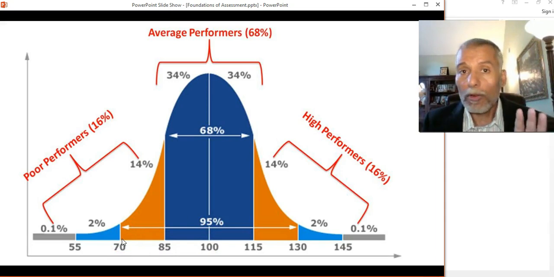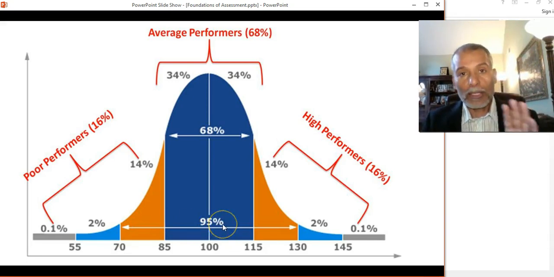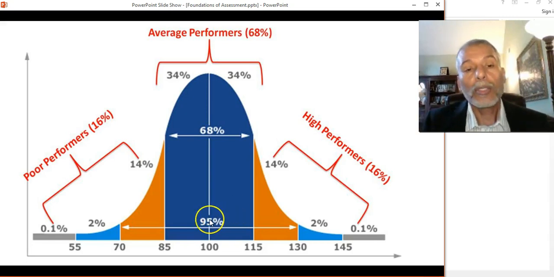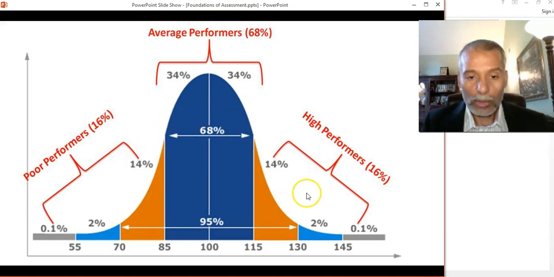Sorry if I'm oversimplifying here, but I do not want to risk you not understanding this critical information. You should have studied it in your math courses and your statistics, but again, you are going to base a lot of your work and the judgment you make on understanding these scores.